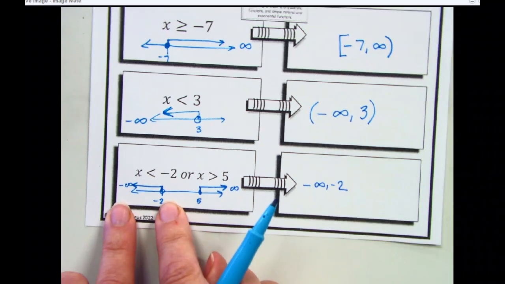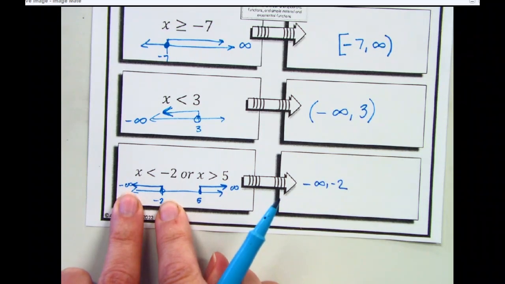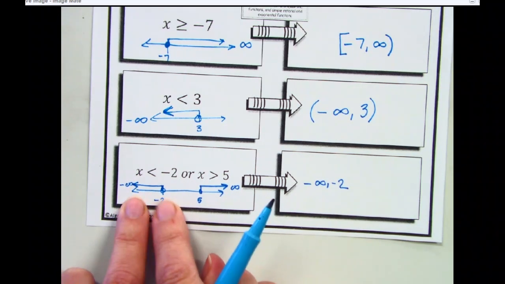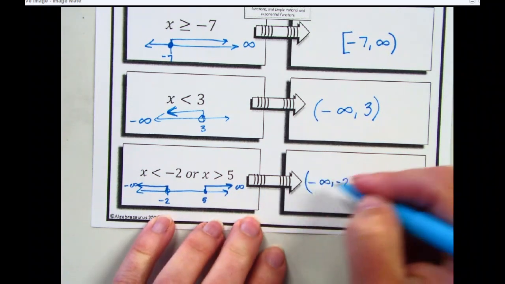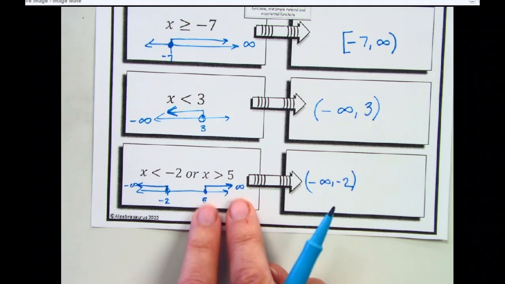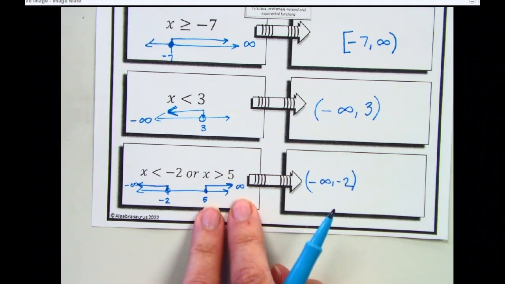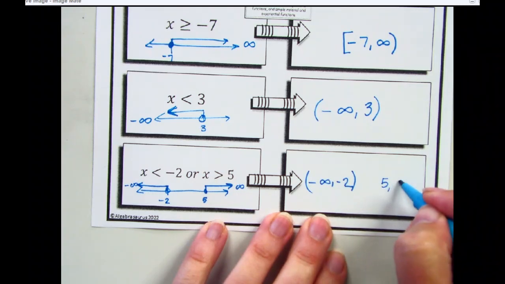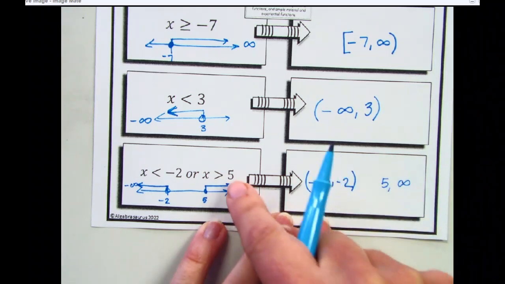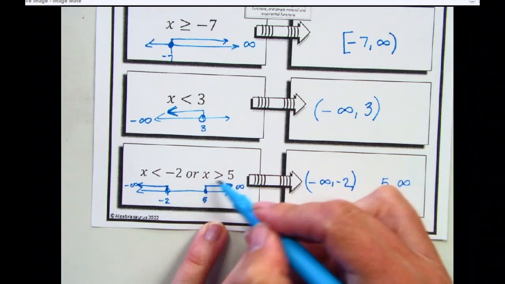Tell me about their closings. They can't equal, right? And then I have this piece over here, which is 5 to infinity. And they're both parentheses again, right? Because no or equal.